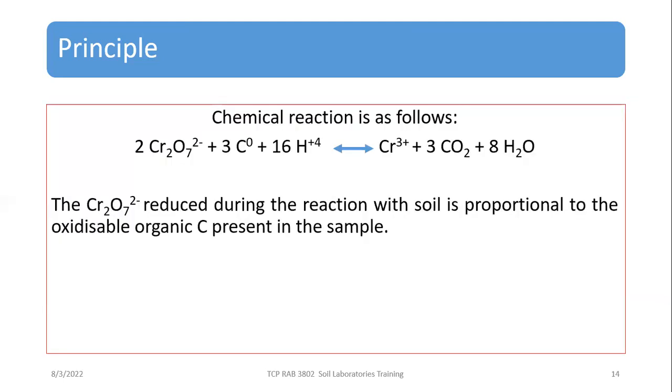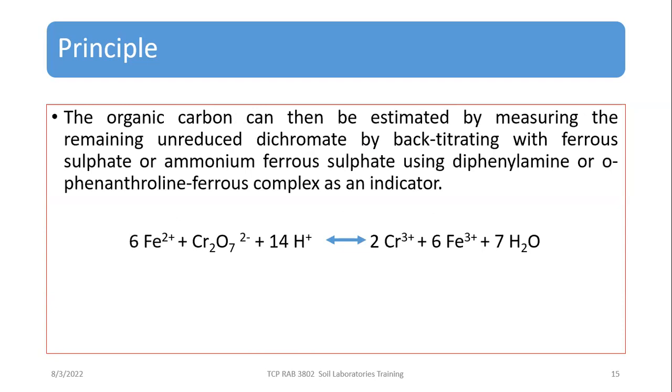This is the equation for this. The chromate will be reduced, and there will be evolution of carbon dioxide and production of water. So the reduced potassium dichromate is proportional to the oxidizable organic carbon present in the sample.